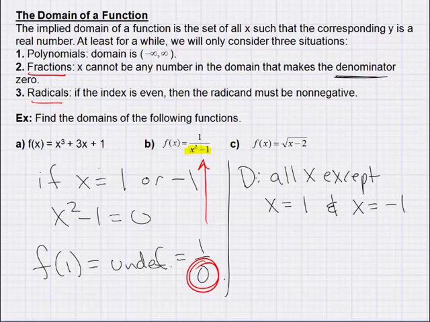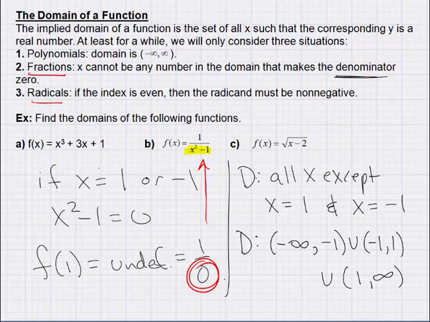And that's just sort of writing it out in words. But you probably want to do interval notation. So interval notation would be the domain is -infinity to -1 union -1 to 1 union 1 to infinity.